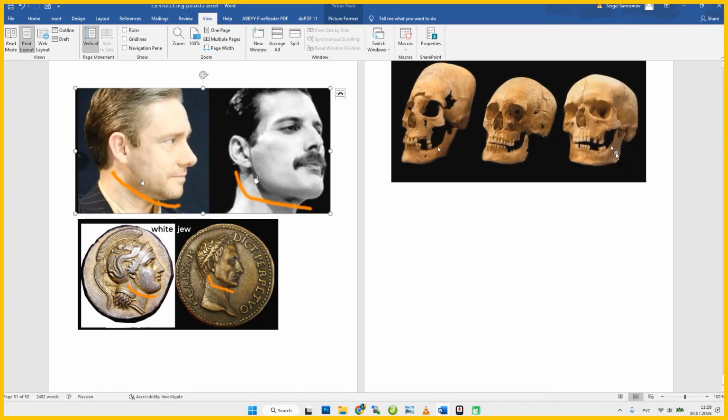Like this guy ate meat. This guy ate plants, fruits, vegetables. Yes, because the shape of the jaw is quite a bit different.